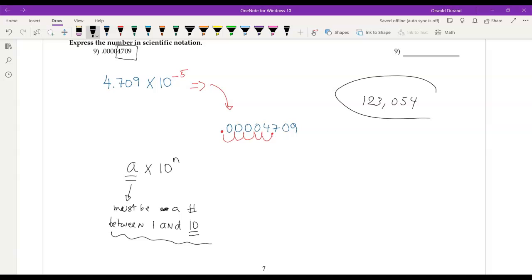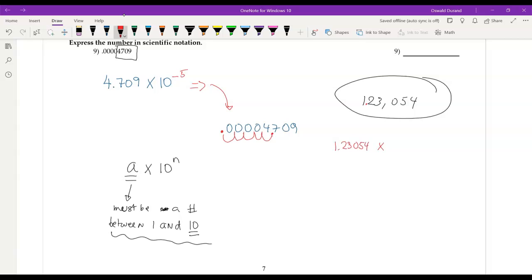So I want to express this in scientific notation, right? But 123,000 is not a number between 1 and 10, but I can convert that into a value between 1 and 10 just by putting a decimal point next to the 1. And then now I have what? 1.23054.